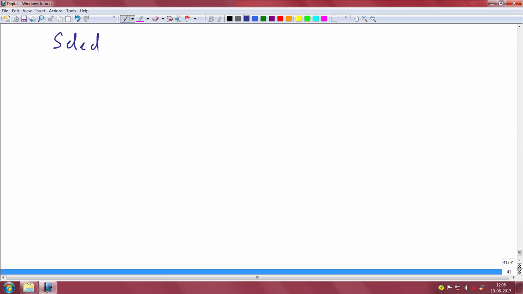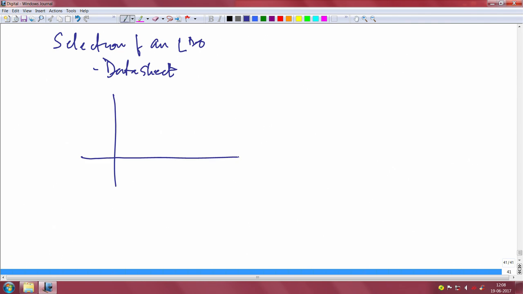So selection is our problem, selection of an LDO. Not only selection, you may have to look at the data sheet. Slowly we have to discover the data sheet, only then do you actually know how to choose one.